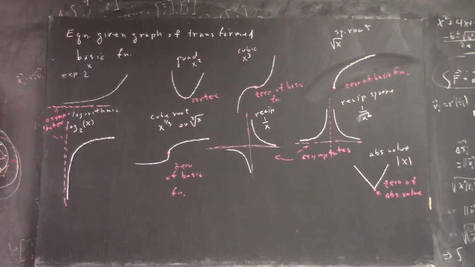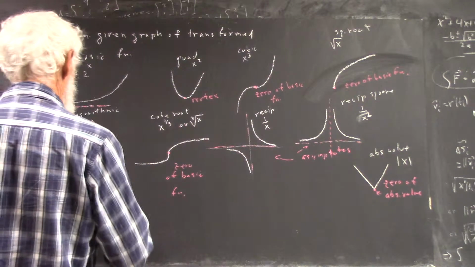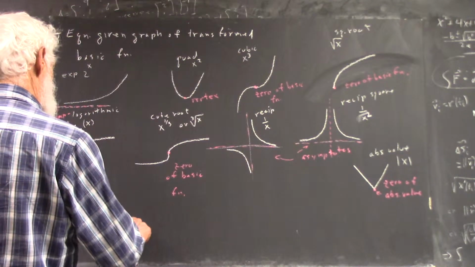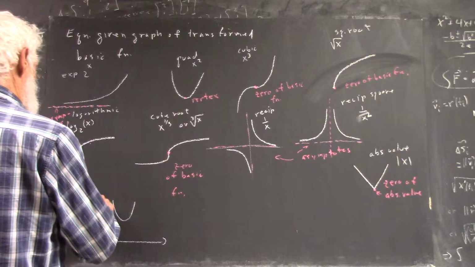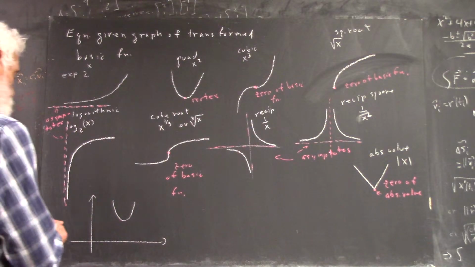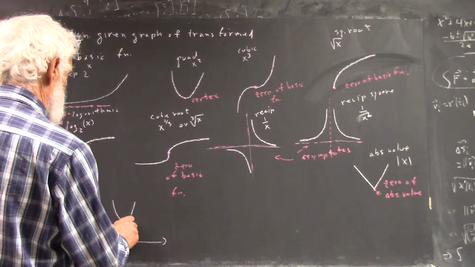Okay, so if, for example, we have the graph of a quadratic function, then we can easily identify its vertex.